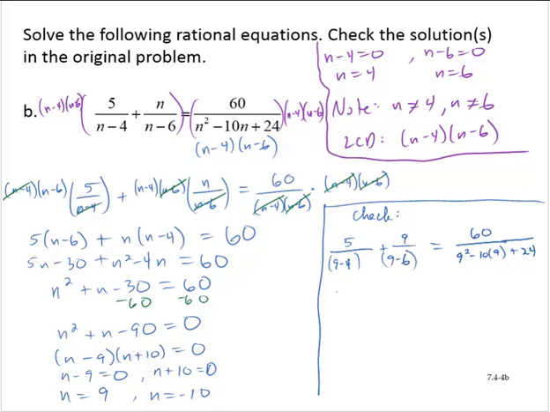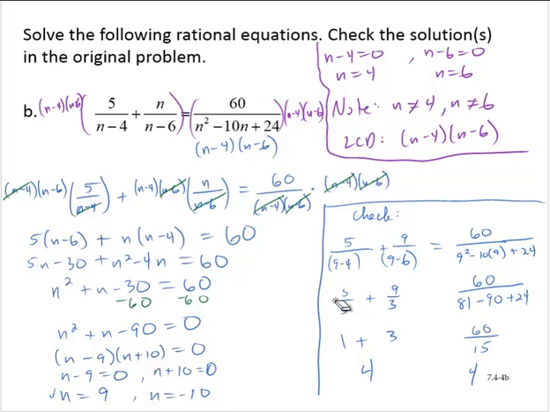So that would give me on the left-hand side 5 over 5 plus 9 over 3, and so that's 1 plus 3, which is 4. On the right-hand side, I have 60 over 81 minus 90 plus 24. So that's 60 over, 81 minus 90 is negative 9, and negative 9 plus 24 is 15, and 60 over 15 is 4. So n equals 9 checks.